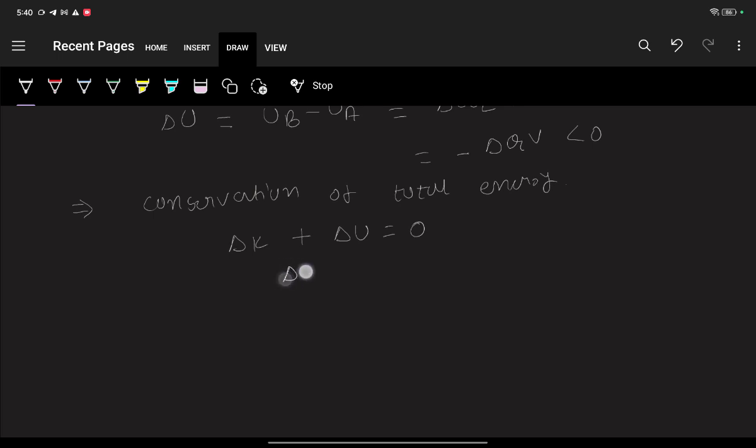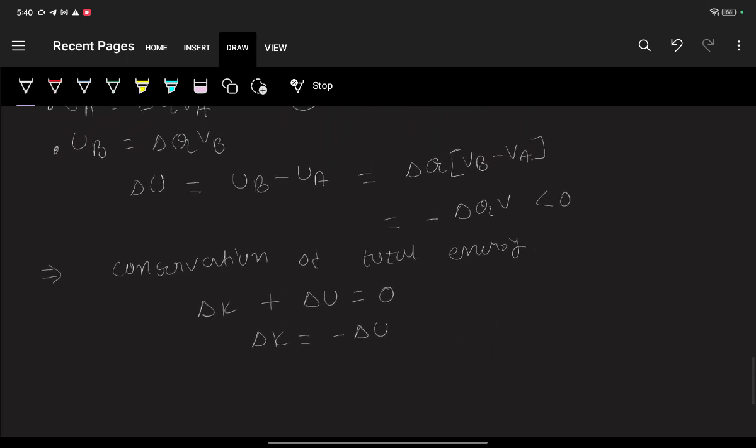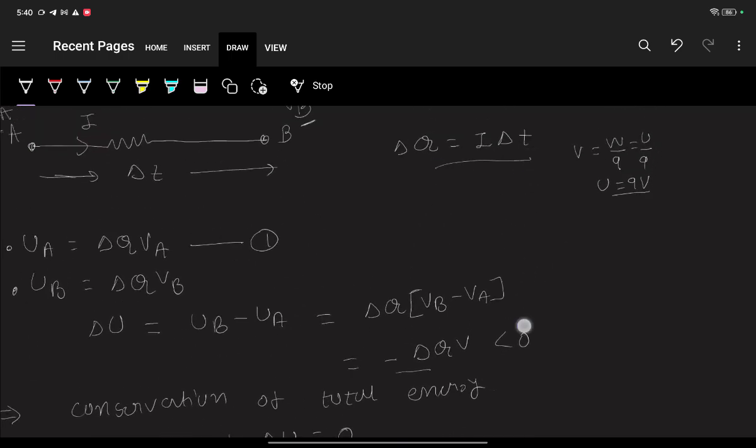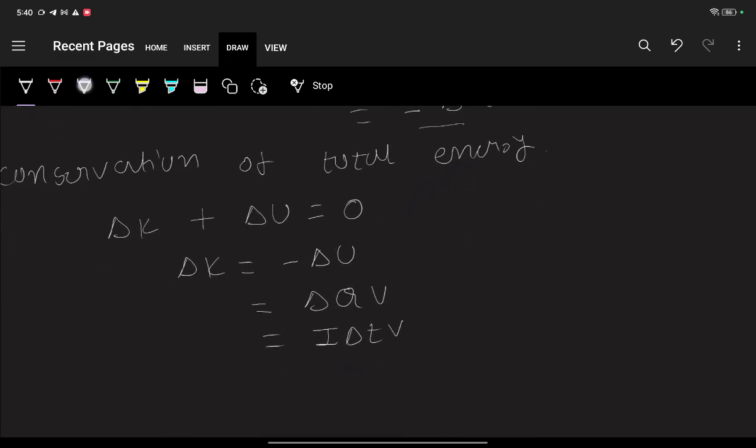So from here we can write delta K must be equal to minus delta U. But since delta U is already negative, we can write the energy as delta Q into V, or in another sense I into delta T into V. Why? Because delta Q is I into delta T, right? Which is of course greater than 0.